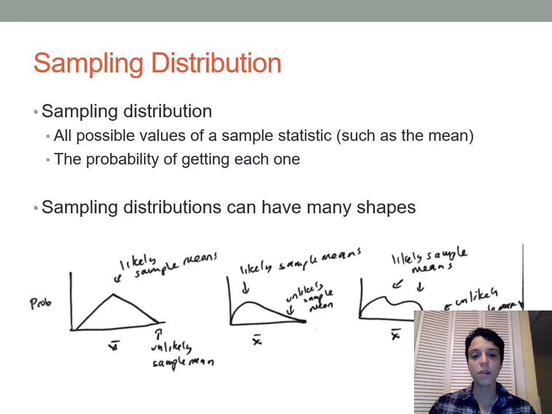And then where the line gets lower, you have unlikely sample means. Same thing with the one in the middle, it's sort of a skewed distribution. You have likely sample means at whatever value has the highest peak, and then the further away you get, the less likely they are. So it's really, really similar to reading a probability distribution in a graphical form, except instead of looking at individual values that you might get, you're looking at statistics like a sample mean.